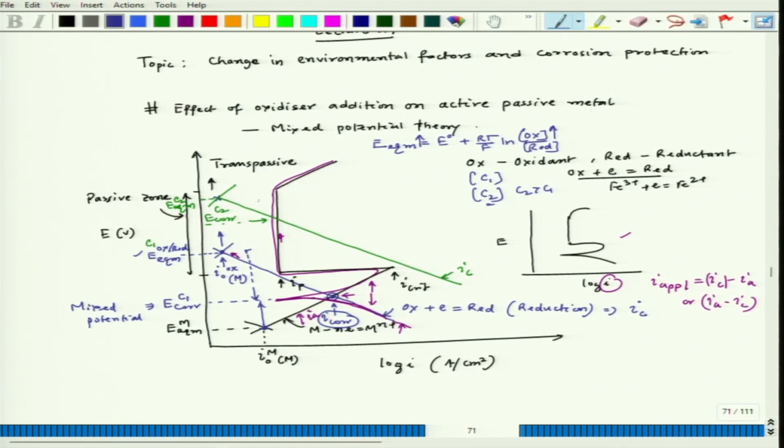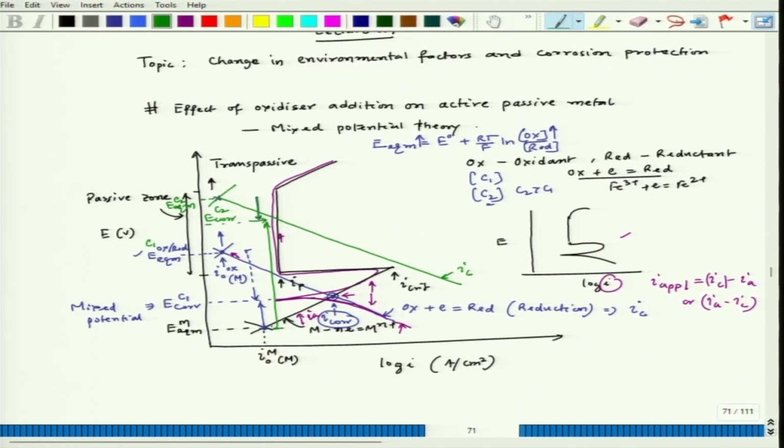Now, again as per mixed potential theory, this potential is dragged to this location, and this potential will be dragged to this location from the equilibrium point.